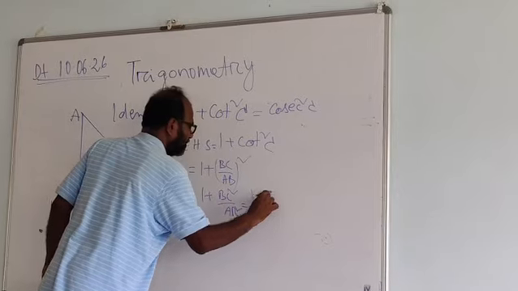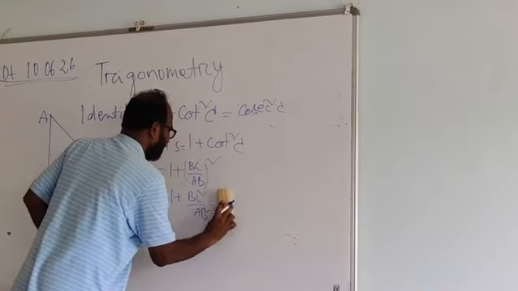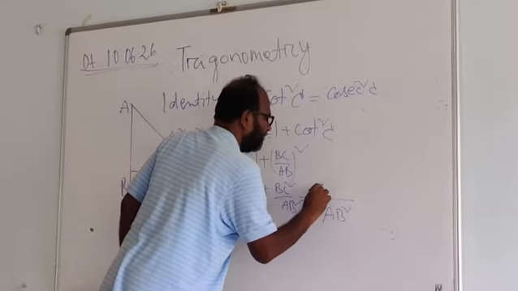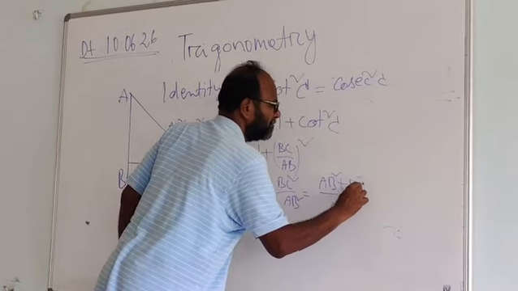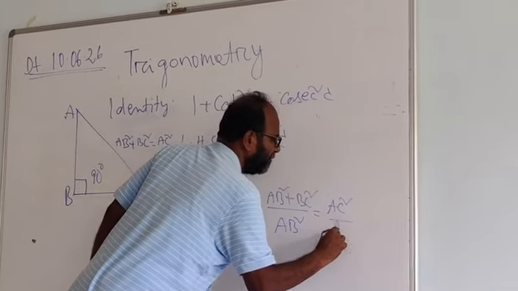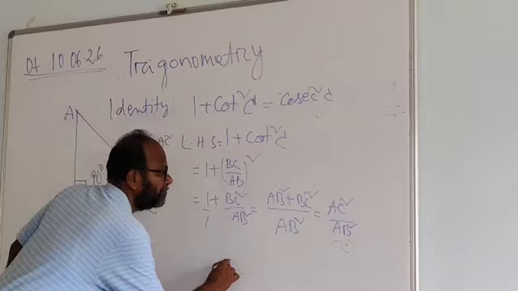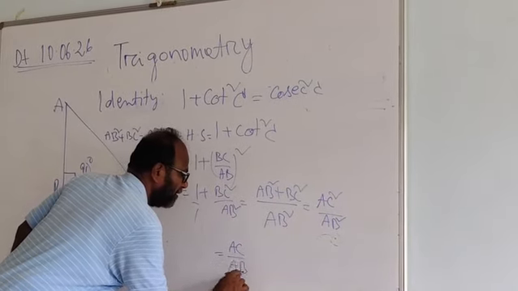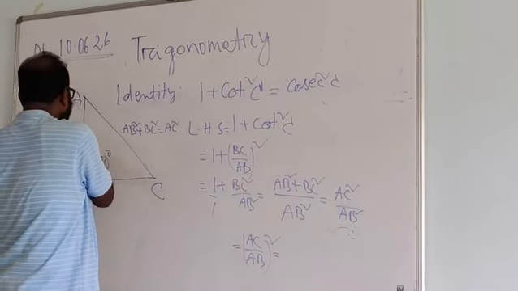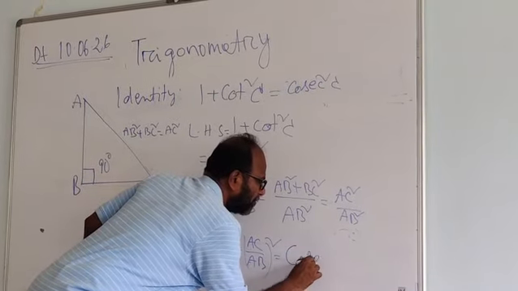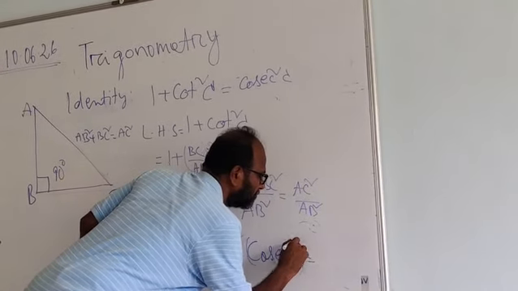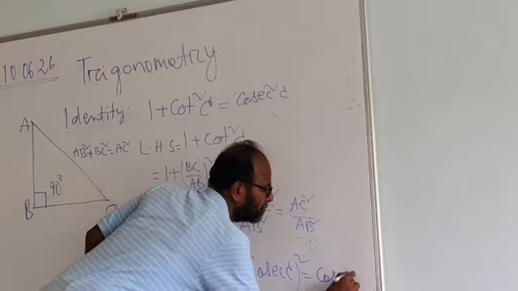Now take the LCM, so LCM is AB square, that is AB square plus BC square. AB square plus BC square is equal to AC square. So AC square by AB square. So that is equal to AC by AB square. That is AC hypotenuse by AB, that is cosec C square. That is equal to cosec square C. Proved.